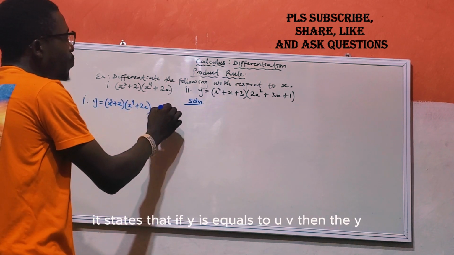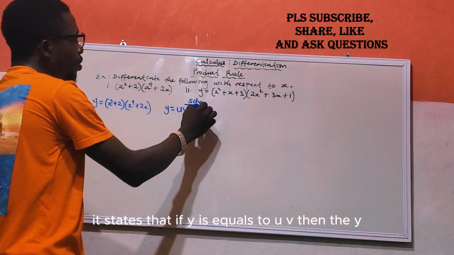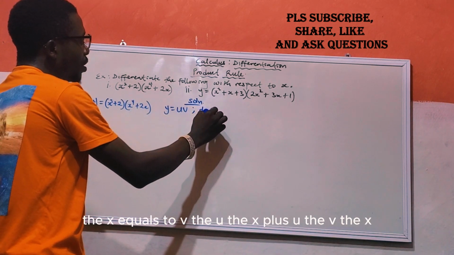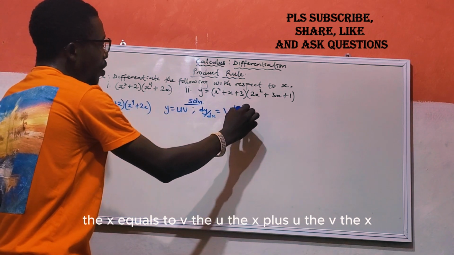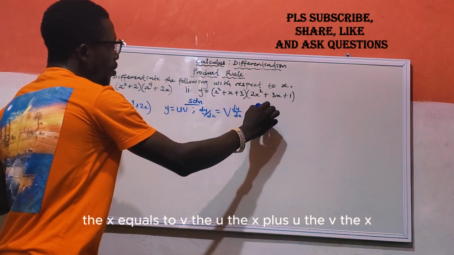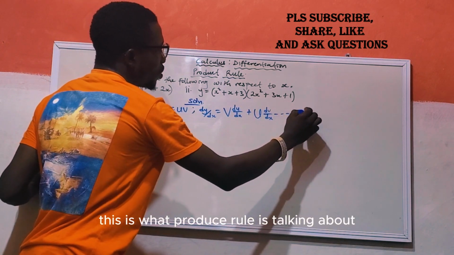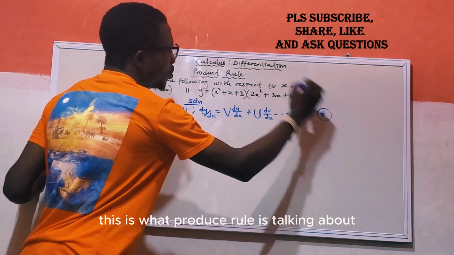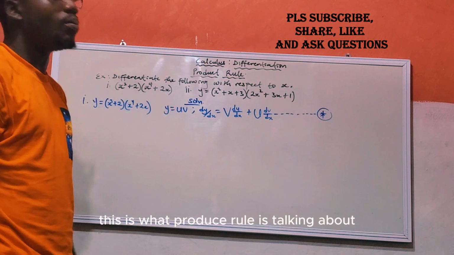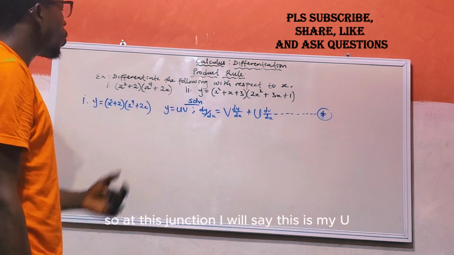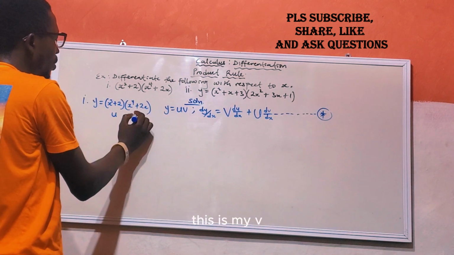It states that if y equals uv, then dy/dx equals v du/dx plus u dv/dx. At this junction, this is my u, this is my v.